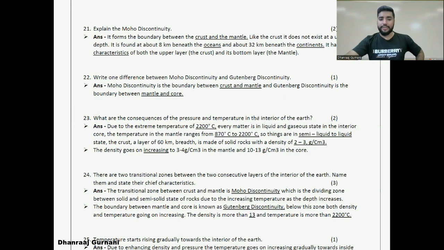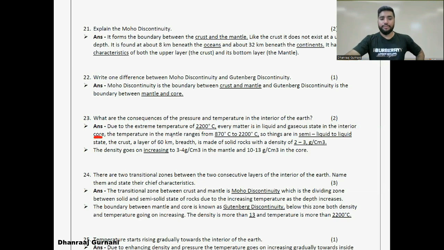Due to the extreme temperature of 2200 degrees Celsius, every matter is in a liquid and gaseous state in the interior core. So in the interior of the core, everything is in a liquid or gaseous state because the temperatures are very high, 2200 degrees Celsius.